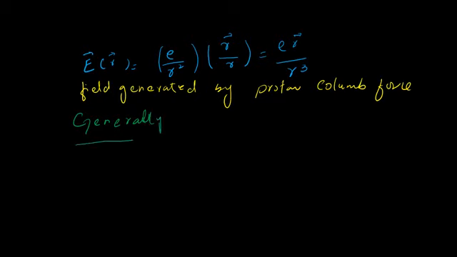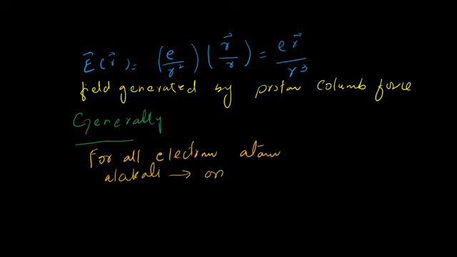In a general way we can say that for all one-electron atoms, here I mean the alkali metals, which have only one valence electron outside the closed shell.